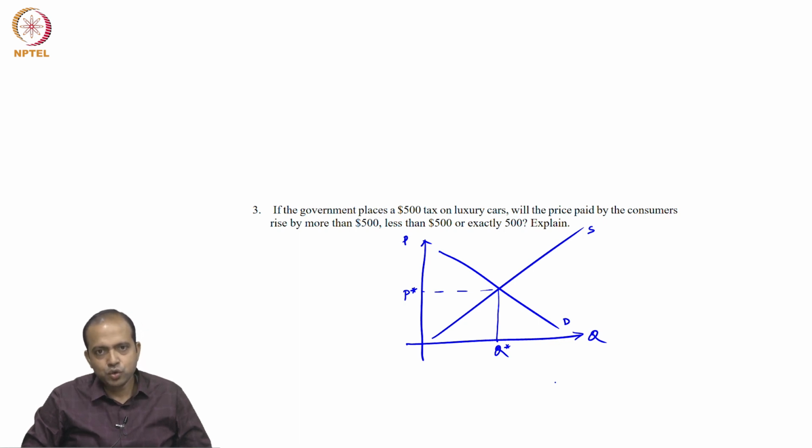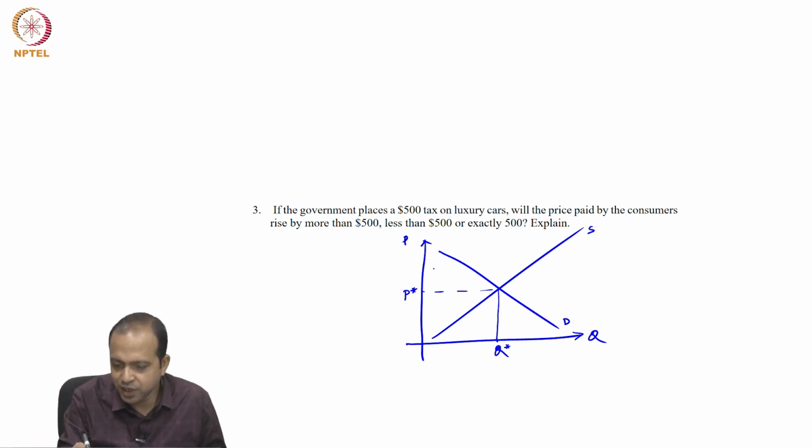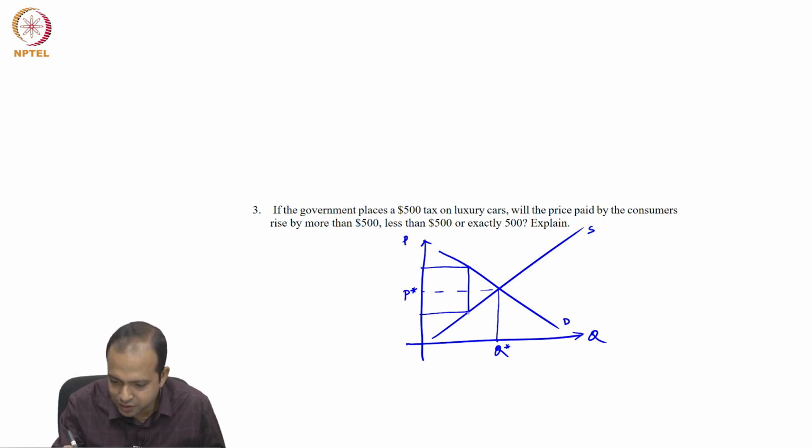Okay. So, after taxation, the price paid by the buyer increases, and the price received by the seller decreases. So, this is PB and this is PS.